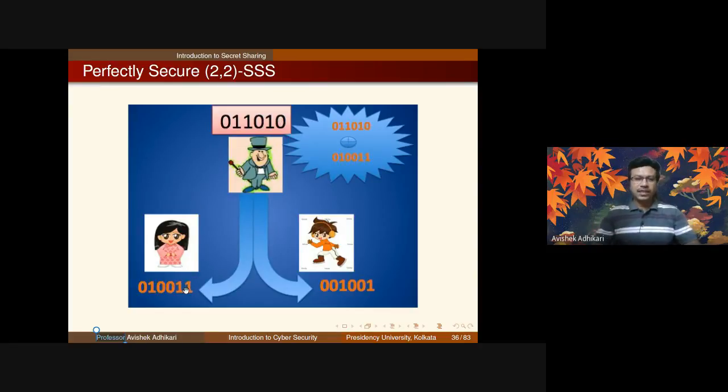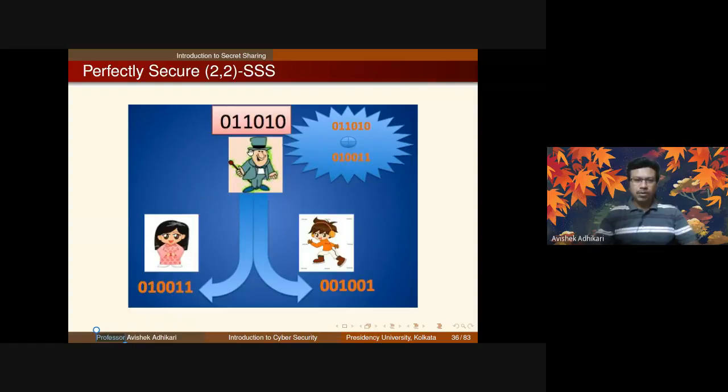She gets this last bit because the coin toss came as head. What relation does it have with this last bit 0? It is the outcome of a coin toss and there was no relation with the secret, except for the fact that both of them are 6 bits long.